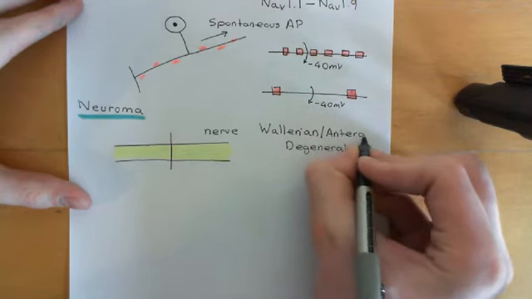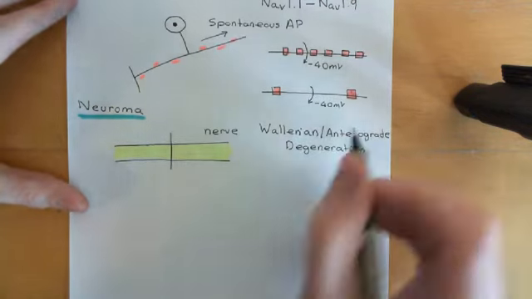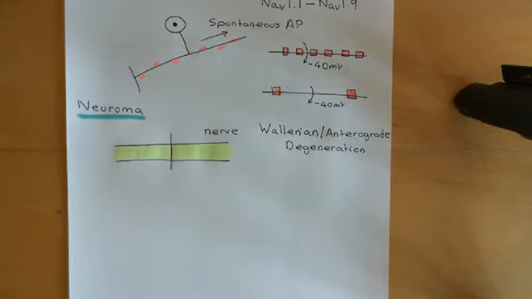The central nervous system can sort of do it, but it's really, really slow and it's very half-hearted. And this is one of the main reasons that neuromas really only form in the peripheral nervous system rather than the central nervous system, at least if we're referring to a non-cancerous neuroma here.